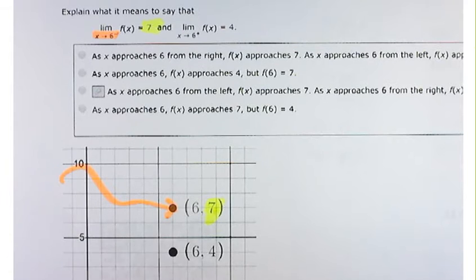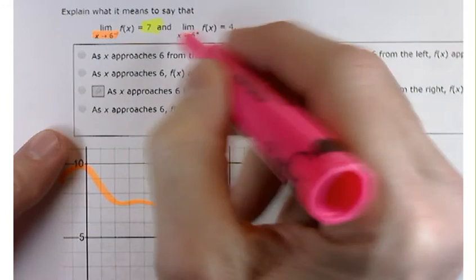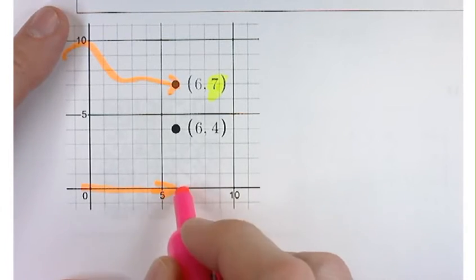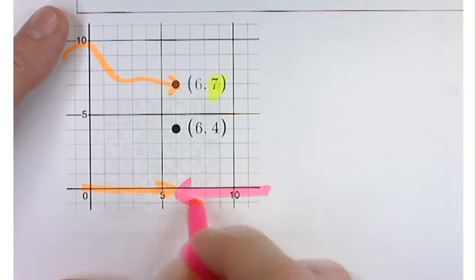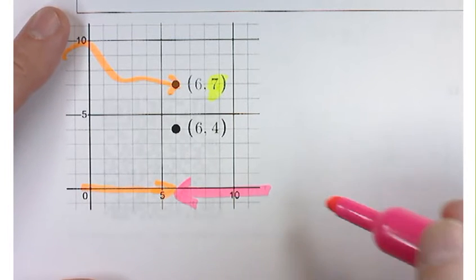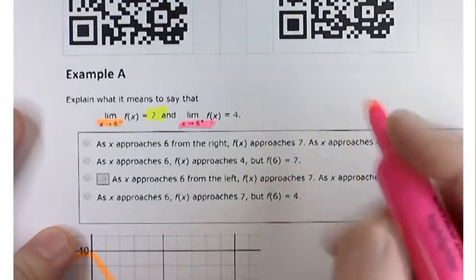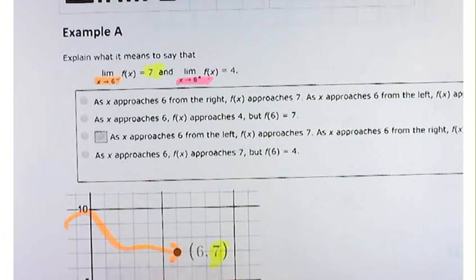Now how about the other side of things? Well, now we're going to approach 6 from the positive side. So from the positive side, that's this direction. As you approach 6 from the positive side, then that limit is 4.